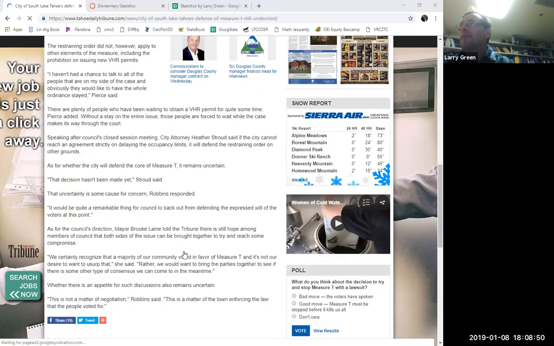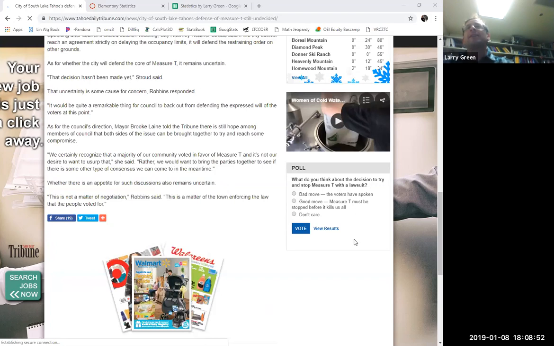Towards the bottom, and this is what I want to look at today, there's a poll. This is a typical thing a newspaper will do, a little online poll. The poll is, what do you think about the decision to try to stop Measure T with a lawsuit? And you have 3 choices. One is that it's a bad move, the voters have spoken.